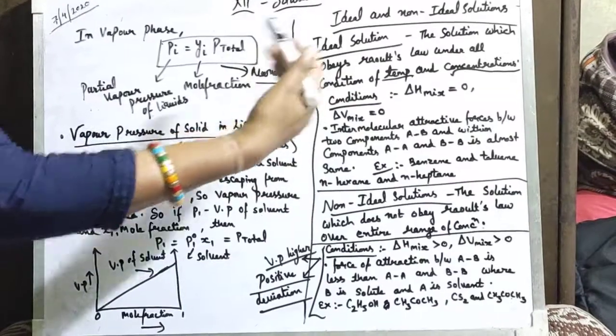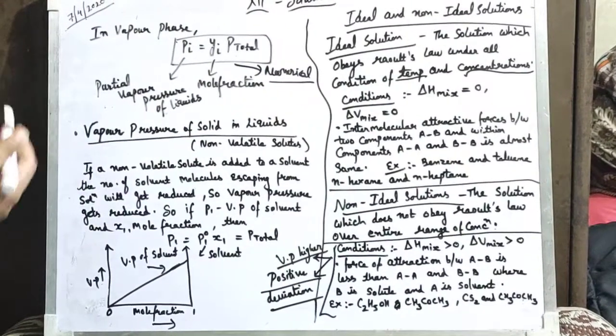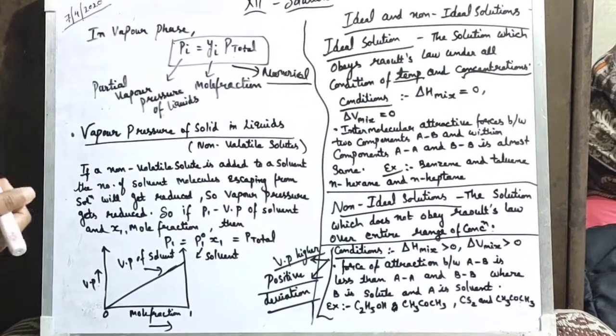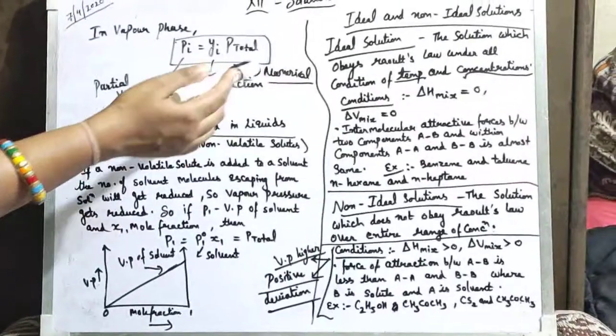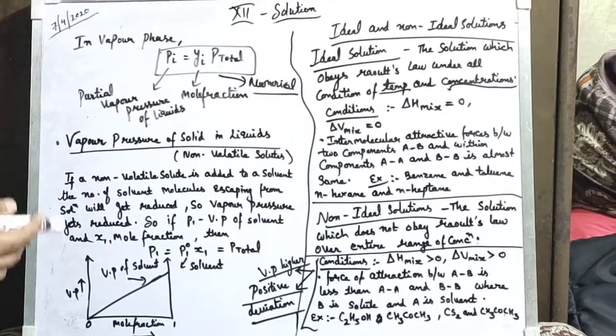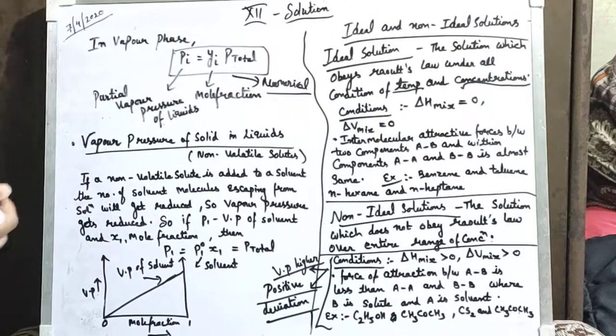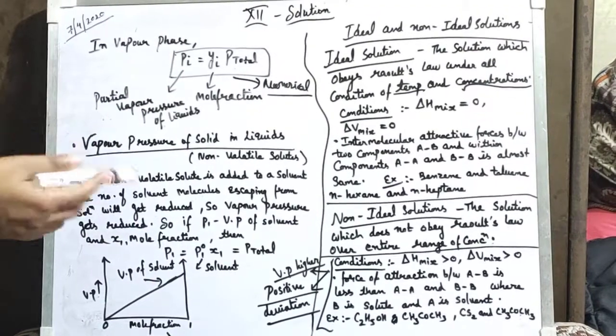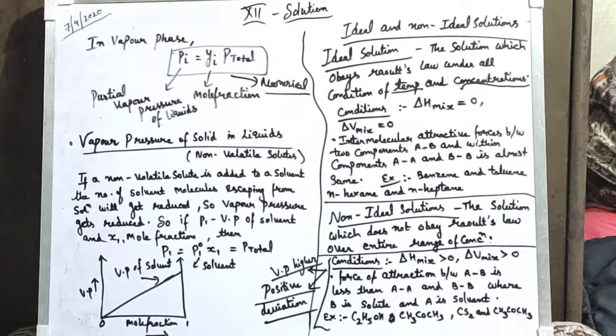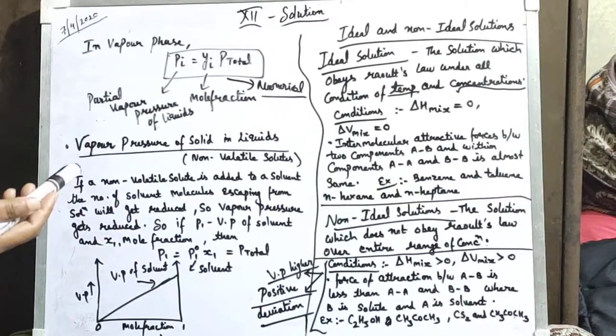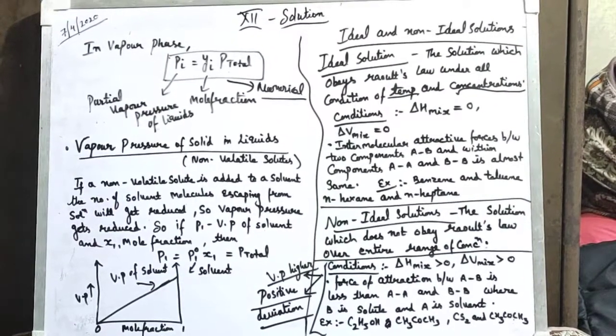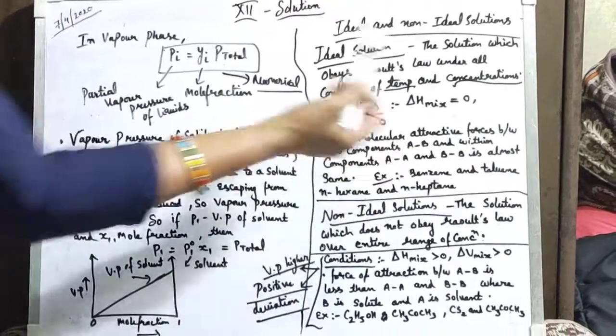Now what I said, I'll explain. If I'm taking two components, a binary solution, in that there are A and B. I'm considering that A is the solvent and B is the solute. So if you mix compounds which have similar properties, or like substances, for example, I am taking benzene and toluene.